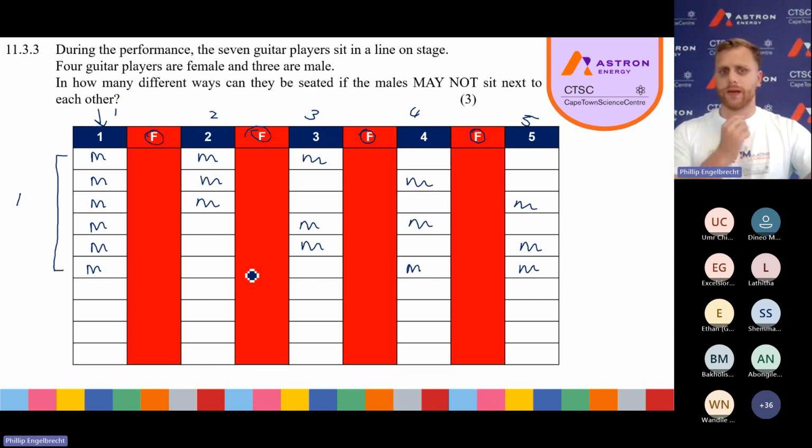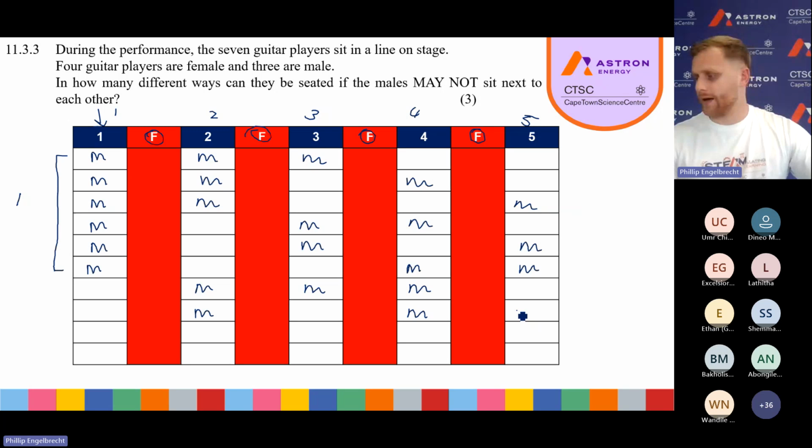Now, let's say I want a male to start over here. Well, I can have a male here, and finally a male over here. Or I can have a male that starts over here, a male that starts over here, and finally a male that starts over here. Or, wait, let me just do the second last one again.